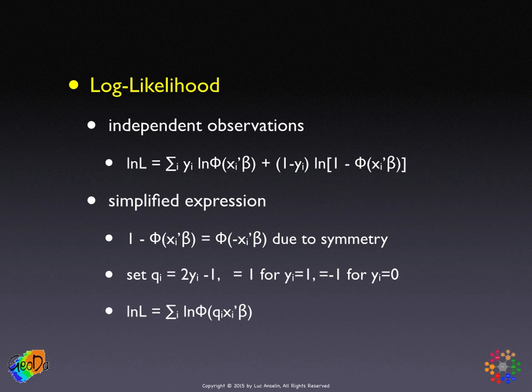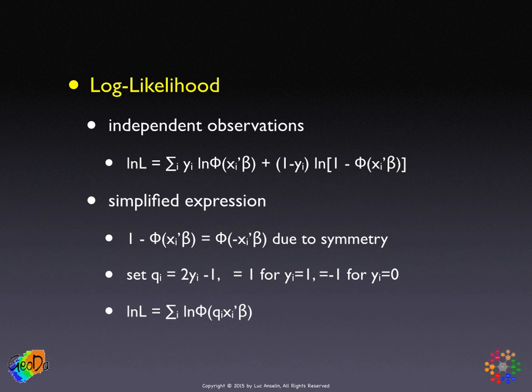So then when we define a new scalar, 2 times y sub i minus 1, this will be 1 if we observe y sub i equal 1, and will be minus 1 if y sub i is 0.